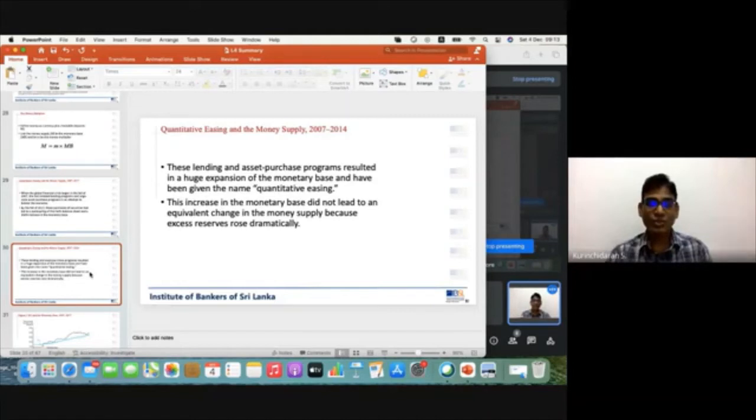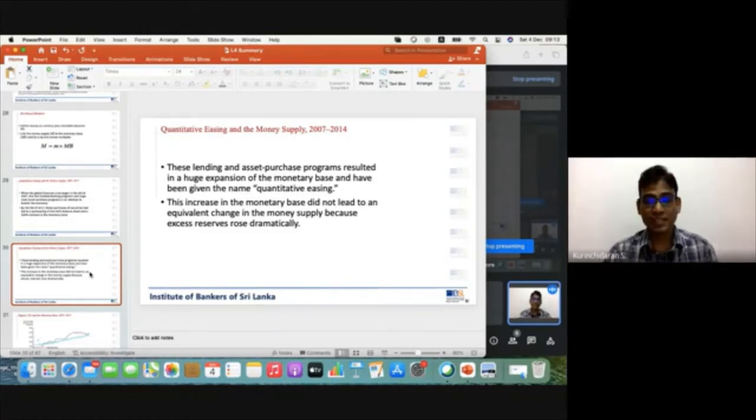All right. I think we discussed, even in the Sri Lankan market, the central bank made quantitative easing, thinking that banks would give more lending. But what happened? Banks maintained excess reserves at the central bank. They didn't go for lending, so there's no equal change in the money supply.